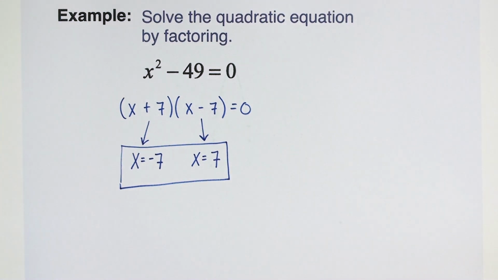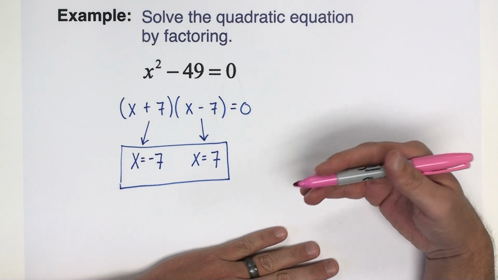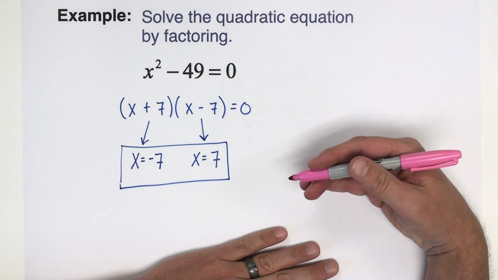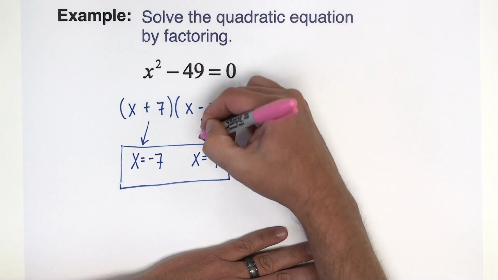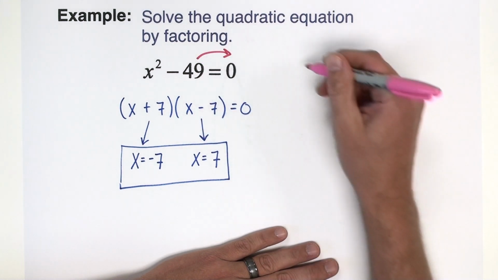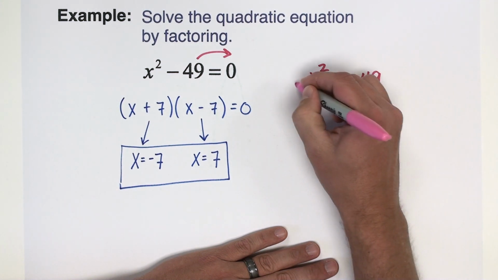Now, you might be looking at this problem and asking yourself, can I solve it another way? And the answer is yes. We could use the square root technique from the previous video. It's perfectly valid to take this equation and instead of what we did here, move the 49 over and get x squared equals 49.